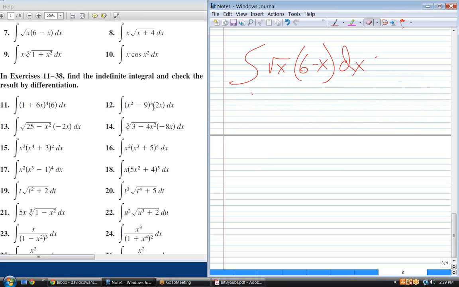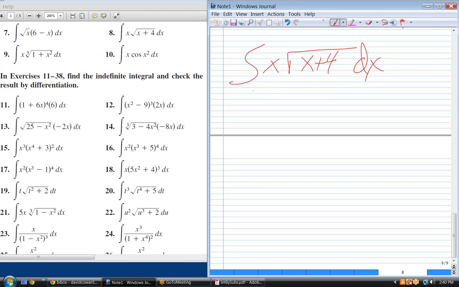So let's look at number 8, where we do need to use u substitution. Again, it does not follow that rule of the first 6 problems. If I let u equal this, the derivative is 1, not x.